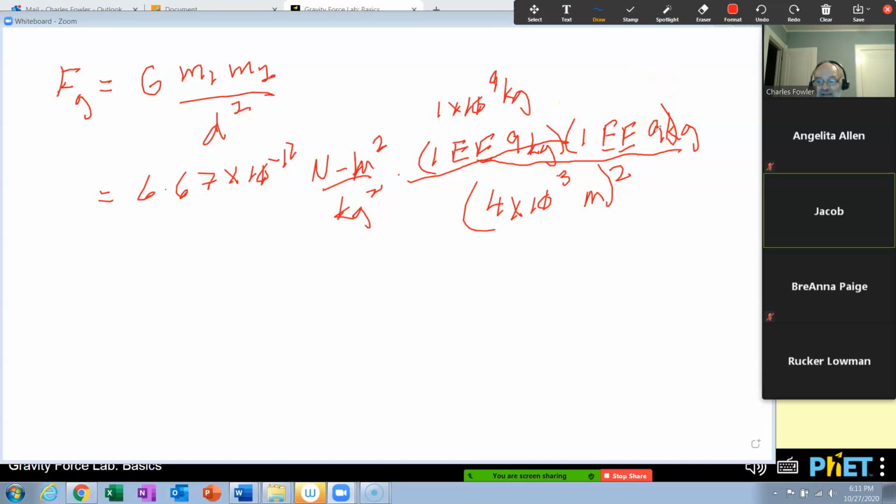And then we divide by, open parentheses, 4 EE 3, because it's kilometers, close your parentheses and square it. Then press your equal sign.